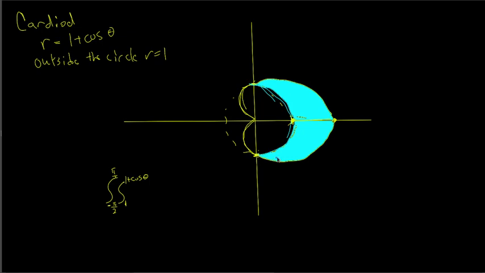We're coming from here, rotating all the way around to pi over 2. And that follows what's happening with the cosine. And so we can look at this function as r dr d theta.